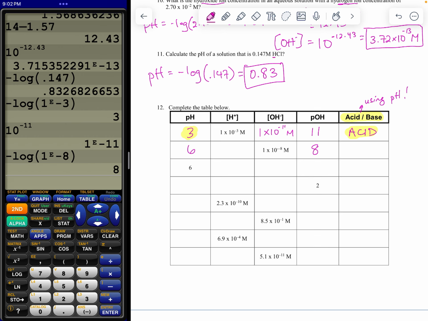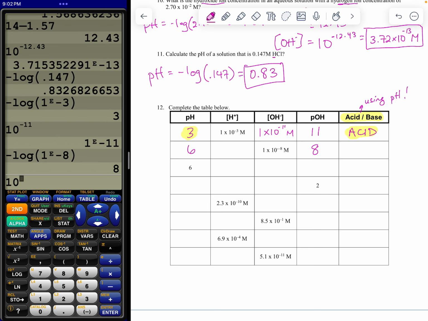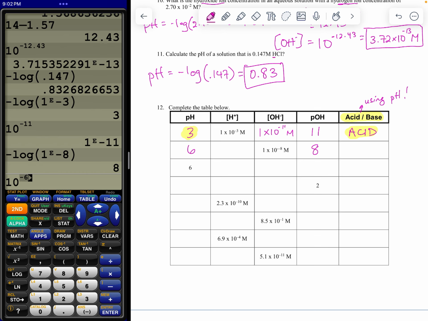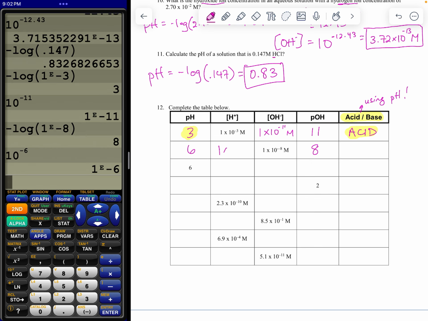And then, based off of that, 10 to the negative 6 would give me that H concentration, because to find the concentration, it'd be 10 to the negative pH value, since we're talking about the hydrogen ion concentration. So 10 to the negative 6 gives us 1 times 10 to the negative 6 molar.